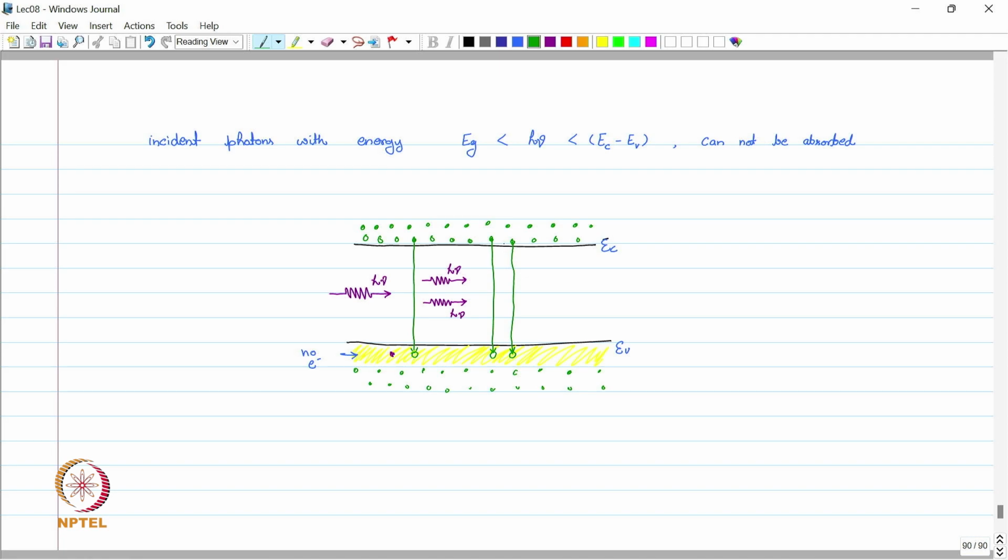So let's say these two electrons are jumping down, emitting a photon, and two photons are coming from the left which interfere with this emission of photon, and at the end we get four photons of exactly the same characteristics.